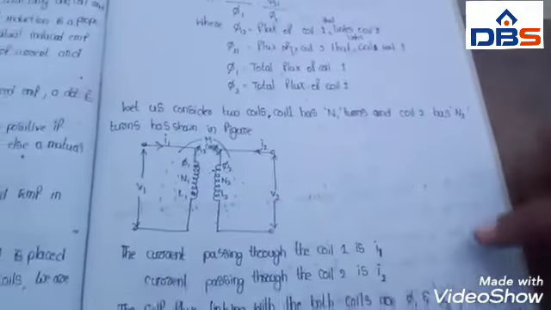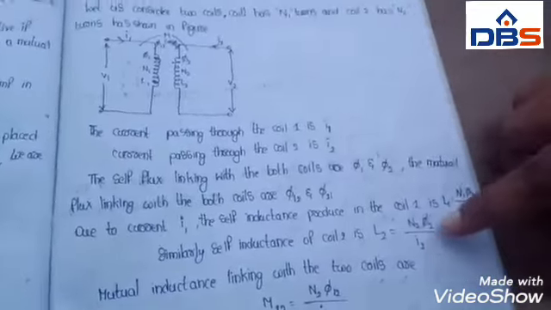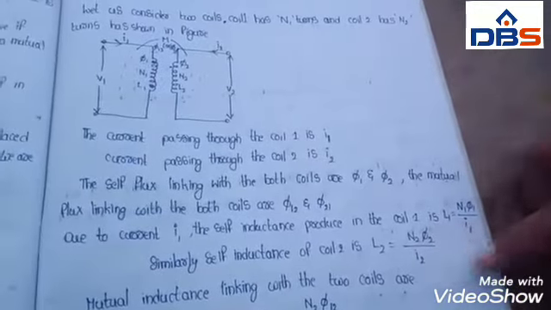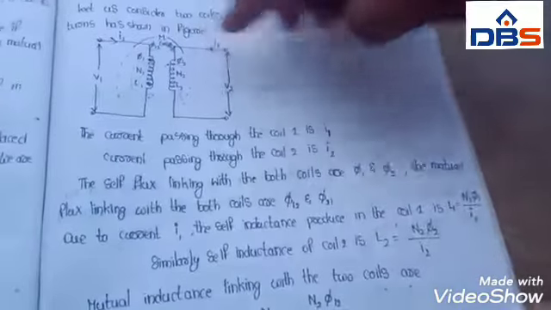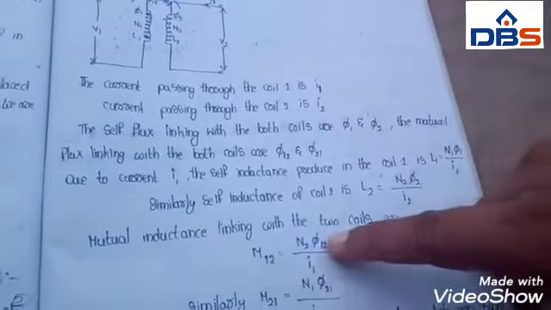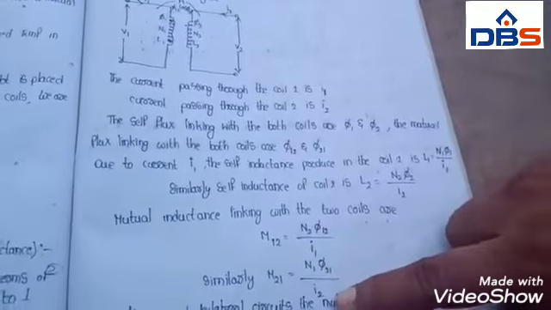Let us consider the self inductance for coil 1, L1 equals N1 phi1 by I1, and L2 is N2 phi2 by I2. Now the mutual inductance between these two, M12, is N2 phi12 by I1, or otherwise N1 phi21 by I2.